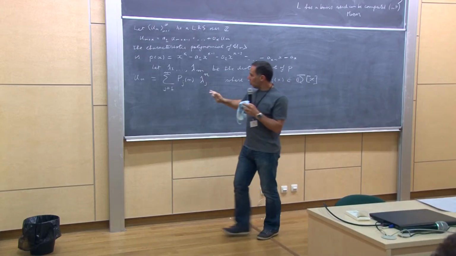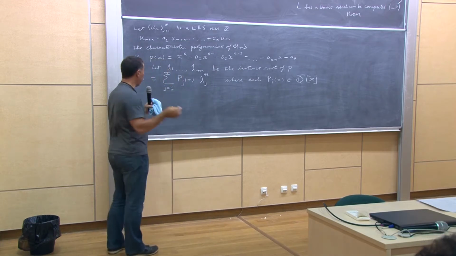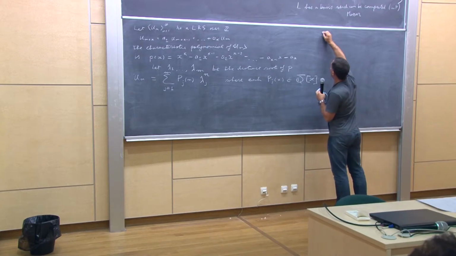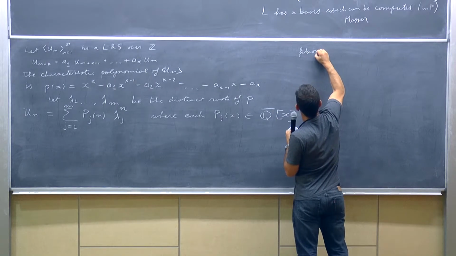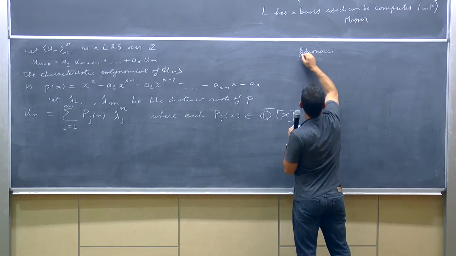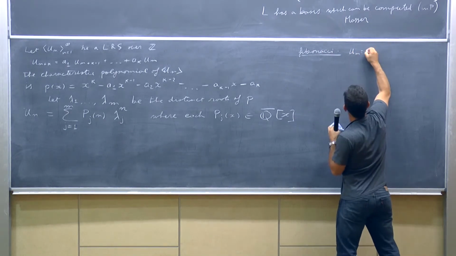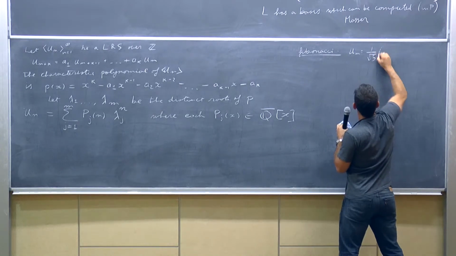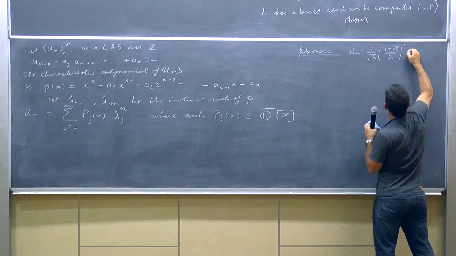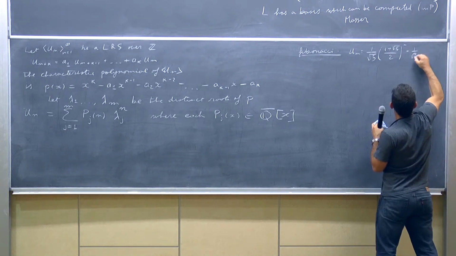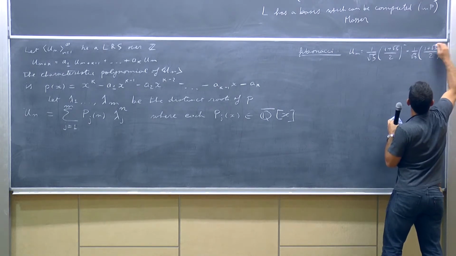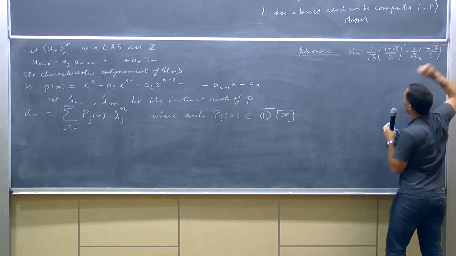Okay? So the case of Fibonacci, if you remember, for the Fibonacci sequence, we had that u_n was equal to 1 over root 5 times ((1 plus root 5) over 2) to the n, minus 1 over root 5 times ((1 minus root 5) over 2) to the n.